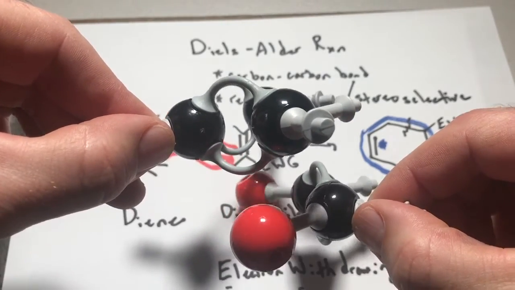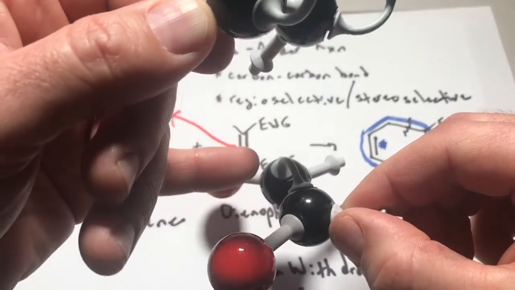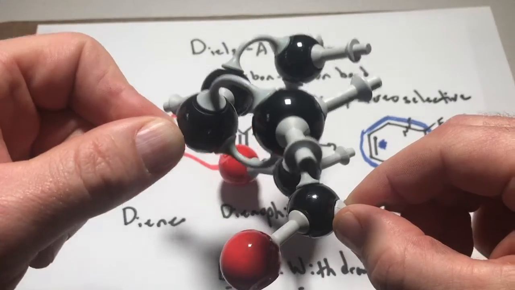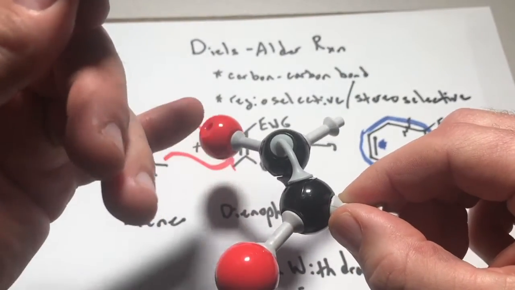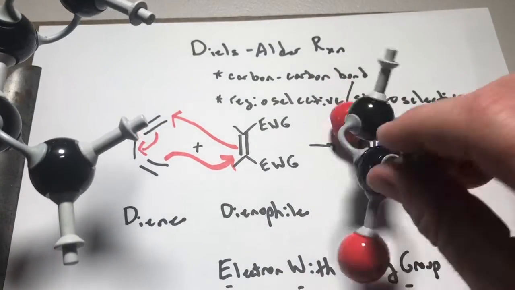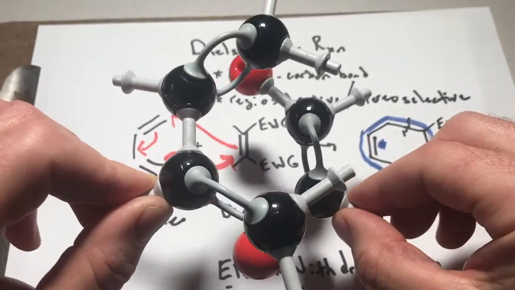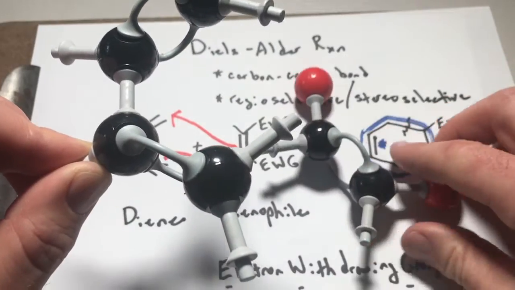And it turns out that the requirement for these electron withdrawing groups, first of all, is going to take electron density out of this thing so that we can actually bond to electron density in this other thing. But you'll notice that I made a point when I did this reaction to flip it around such that those electron withdrawing groups are inside the sandwich as opposed to outside the sandwich. I didn't do this.